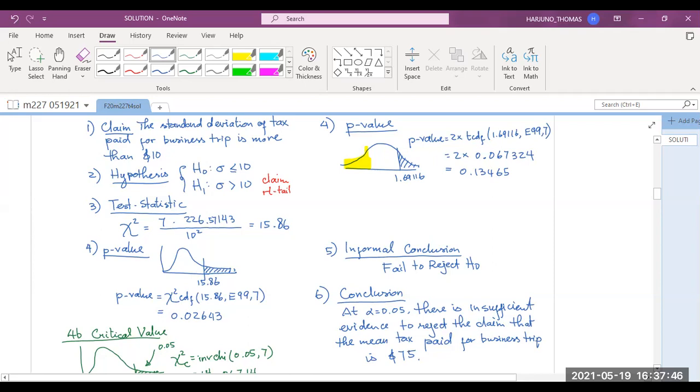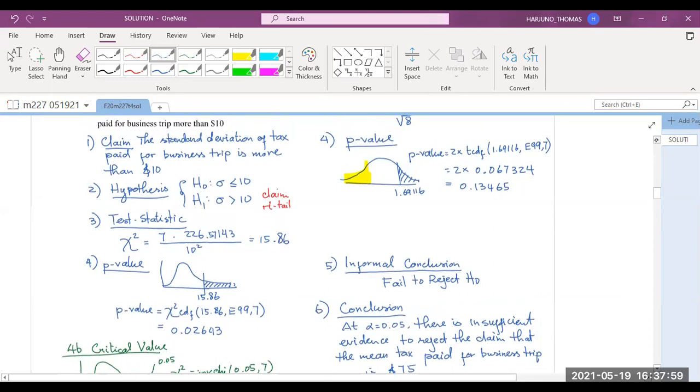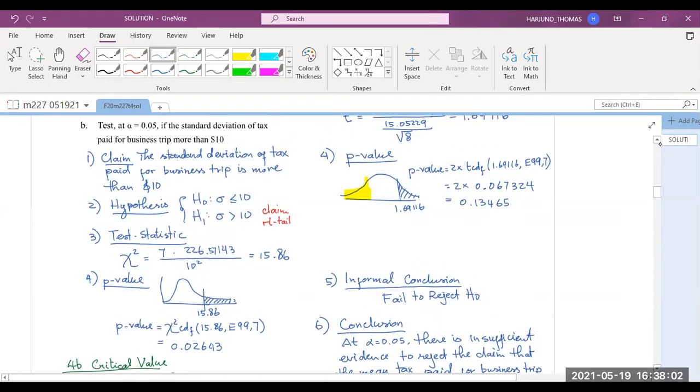Okay, maybe not, but we don't have evidence to reject that. Because your sample mean is 84, which is different from 75. But according to our computation here, the p-value is 13% something, which means even if that 75 is true, the probability to have a sample mean of 84 is 13.5%.